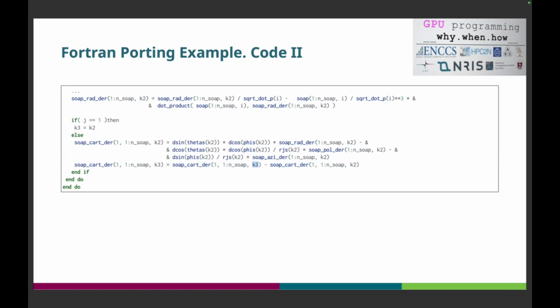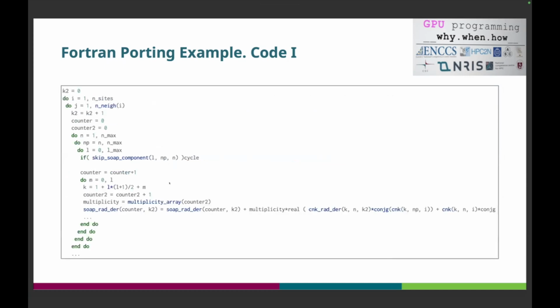One thing that is important to know is that this variable that we are trying to compute is two-dimensional, and this k2 can be as big as, let's say, 10,000 or 10,000 times 20.